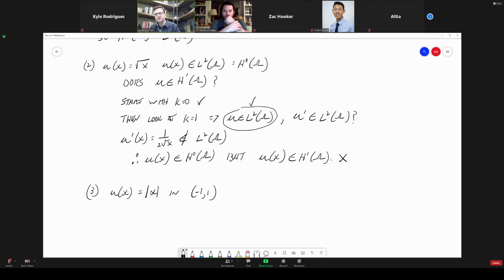So u of x: we have positive x if 0 is less than x less than or equal to 1, and negative x if negative 1 is less than x less than or equal to 0.